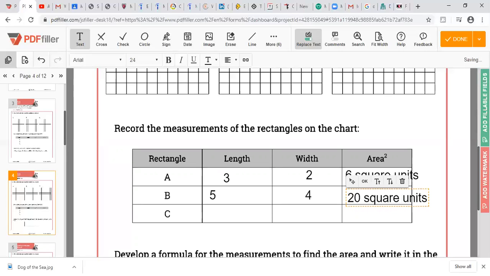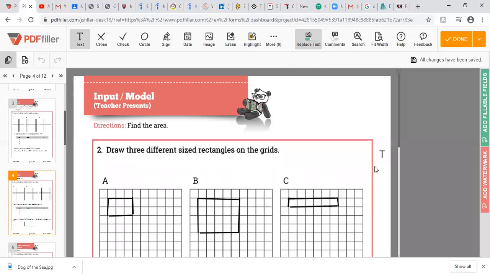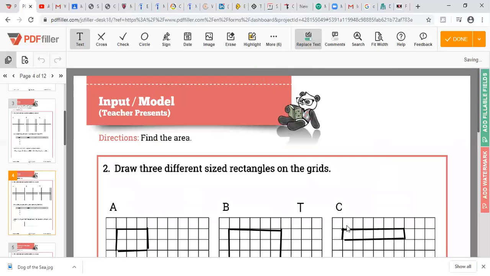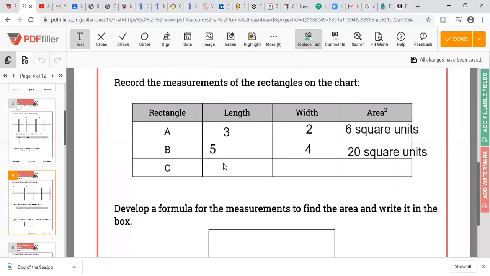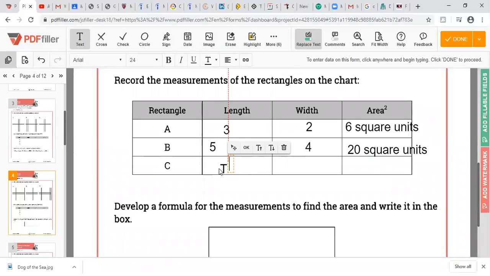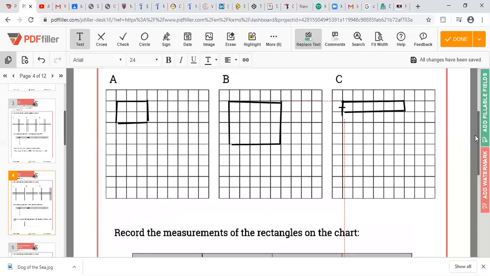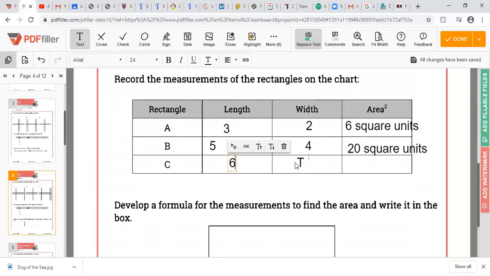And then my last one, C. My length, 1, 2, 3, 4, 5, 6. My width is 1. And I know that 6 times 1 will give me 6 square units.